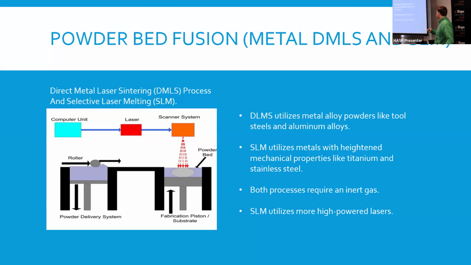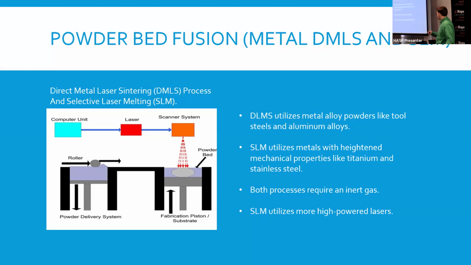Both processes are going to require an inert gas. It's like that welding that we talked about in DED. We're basically melting this powder the same way we would in a DED process with the powder nozzle.